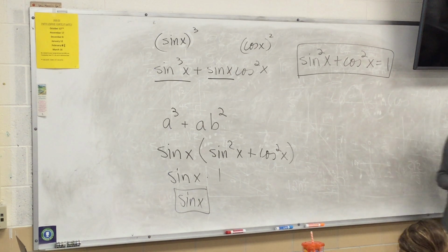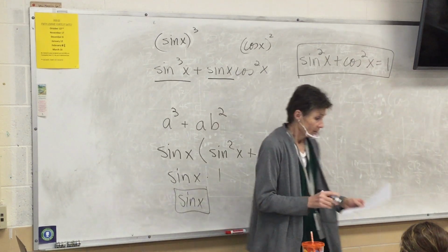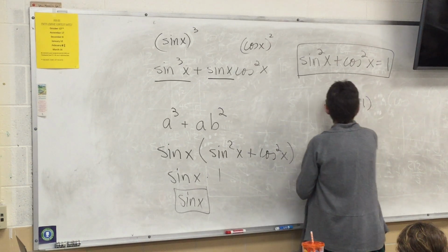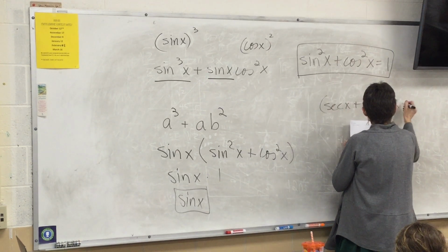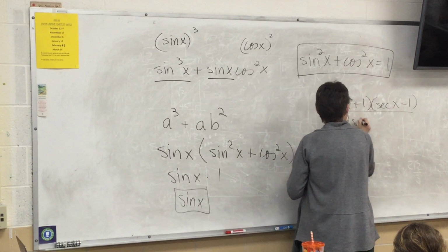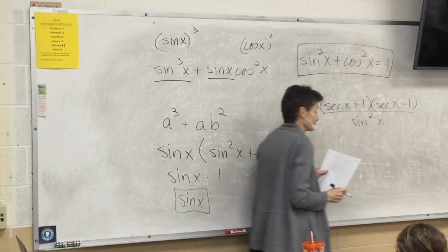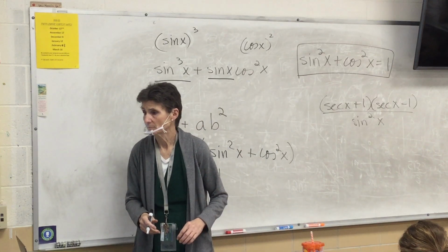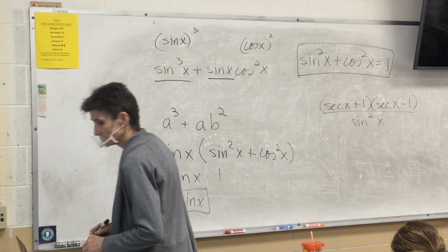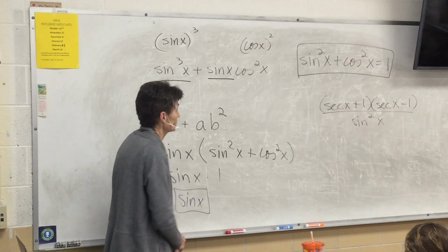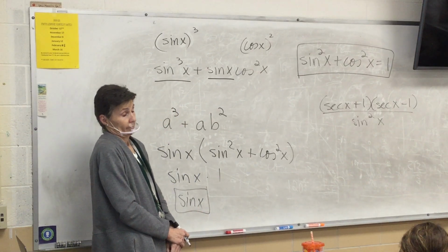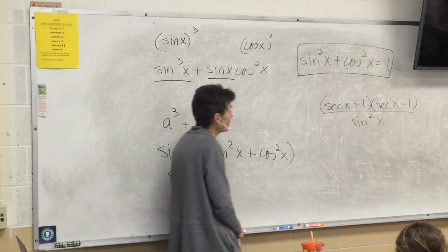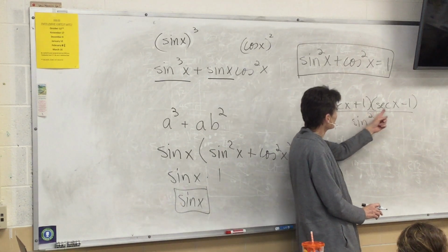Okay? All right, let's try the next one. Oh boy. Secant plus 1, secant minus 1 over sine squared. Well, I have to be careful because these are two separate parentheses.